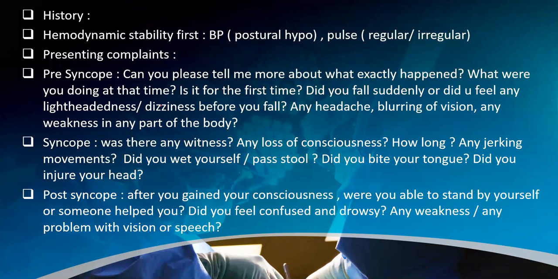For history, if a patient comes to you with any acute case, like acute abdominal pain, or a patient had a syncopal attack just 2 hours ago and now presents to you, these are acute cases, right? For any acute case, make sure that you ask if the patient is vitally stable or not. Before you start asking any history, that's the key step to make sure your patient is hemodynamically stable.